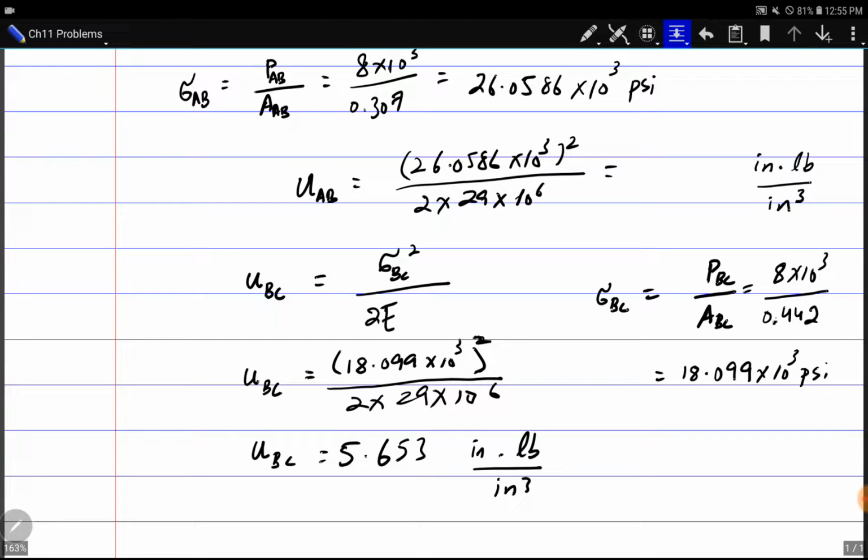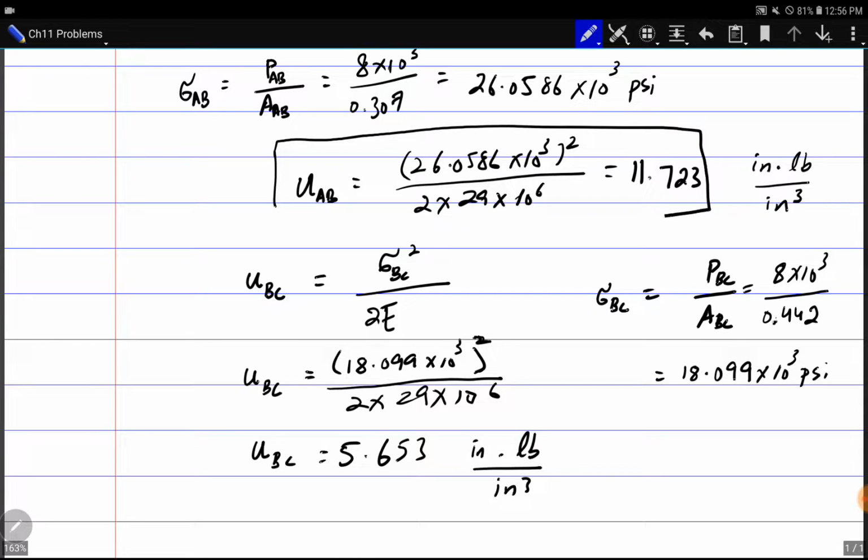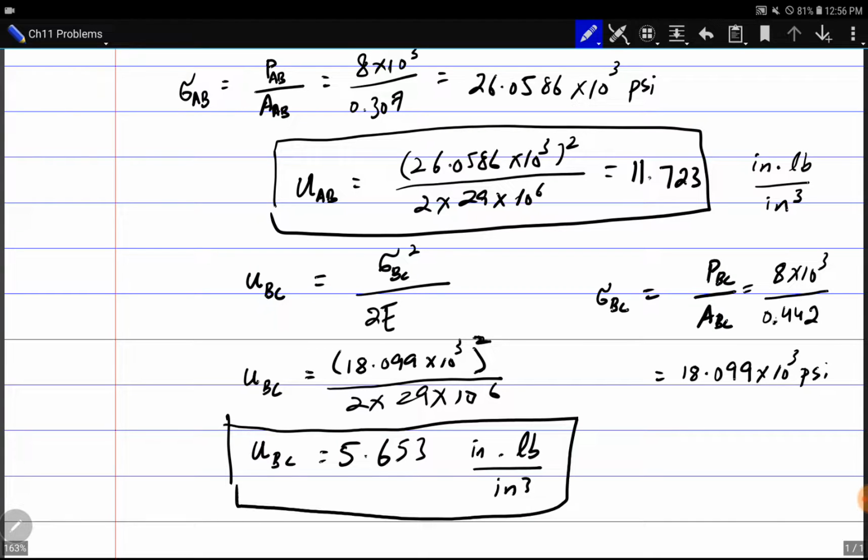If you do the calculations by yourself, u_AB was 11.723, unit is the same. So u_AB and u_BC have been calculated, which were required in part B of the problem.